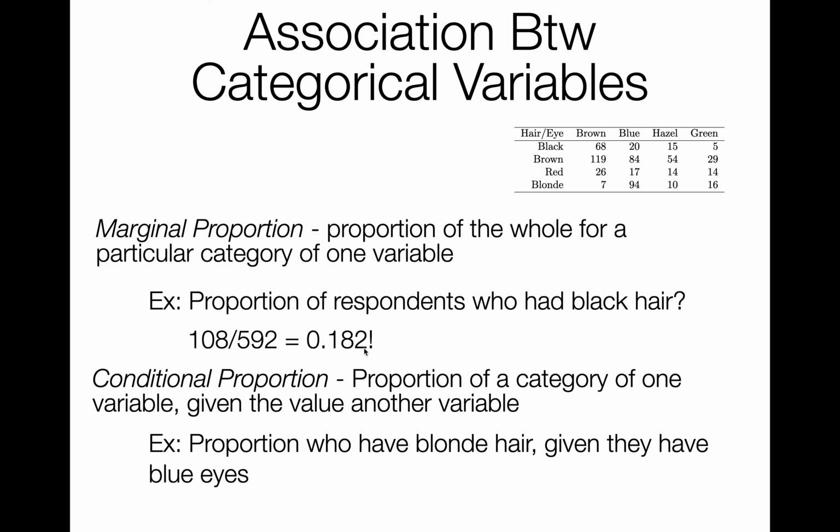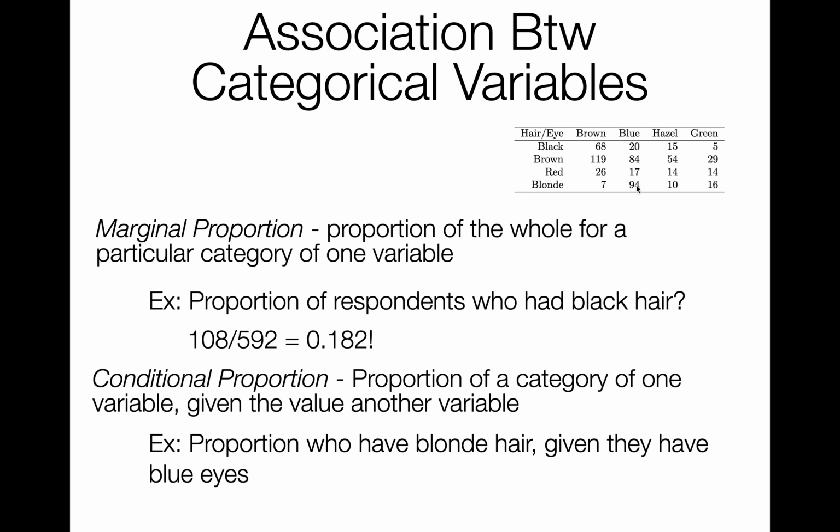When I condition on the value of another variable, given is the key word here. Given that I already know that this person has blue eyes, what's the proportion of people who have blonde hair? So instead of looking at the whole table, I only look at the blue eyes column, which is the second column.